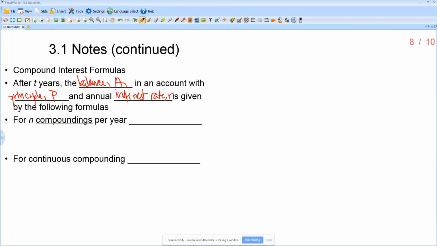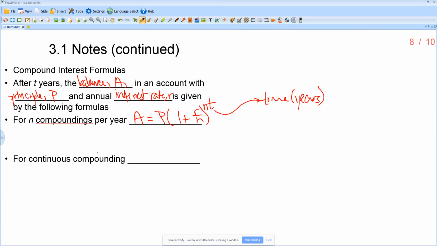For n compoundings per year, if I'm telling you how often I'm going to compound that interest, the formula is A equals P times (1 plus r over n) raised to the power of nt, where t is time in years. And it's important that it's in years.